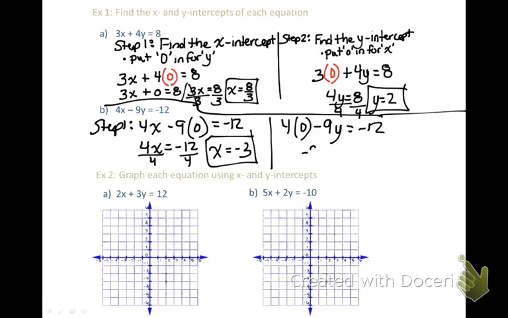And you'll have negative 9y equals negative 12. Divide by negative 9. Remember to reduce, but leave improper. So 3 can go into both 12 and 9. So it's going to be 4/3.